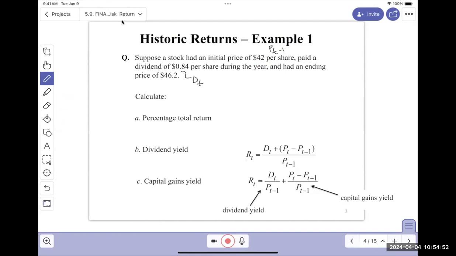And then the ending price is 46.20, which is PT. Right? So using that information, calculate the return. Use this one first.